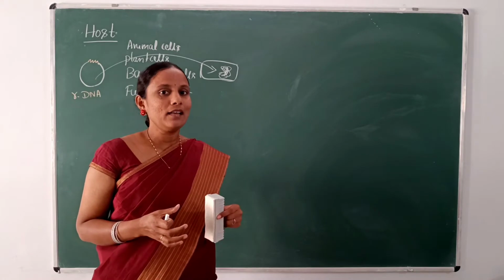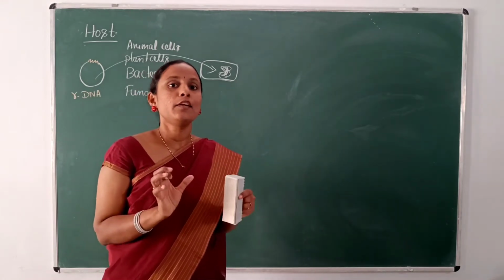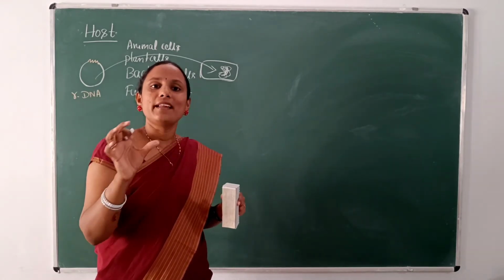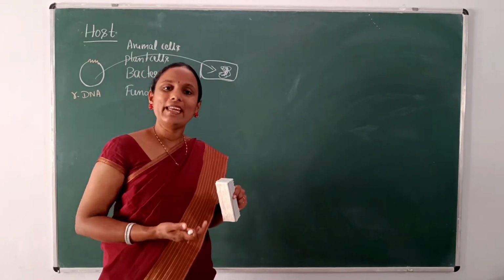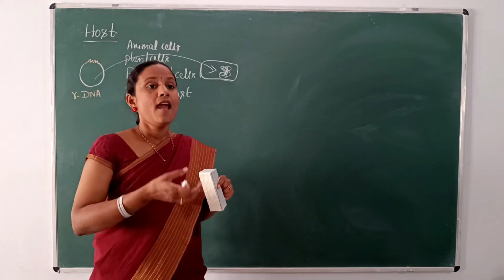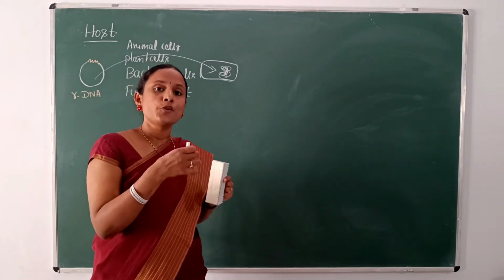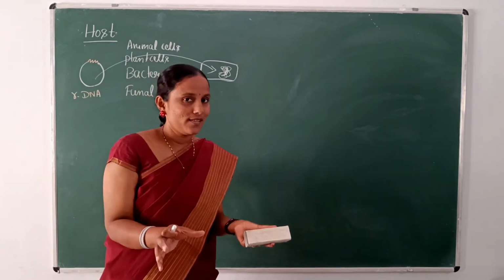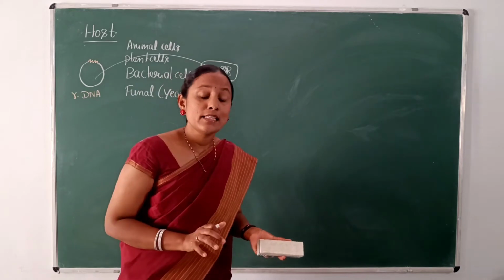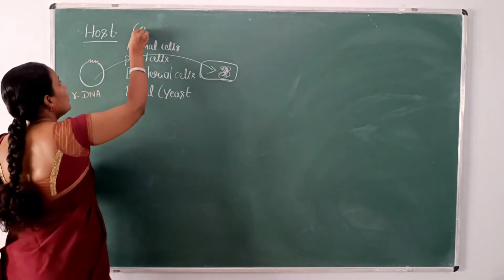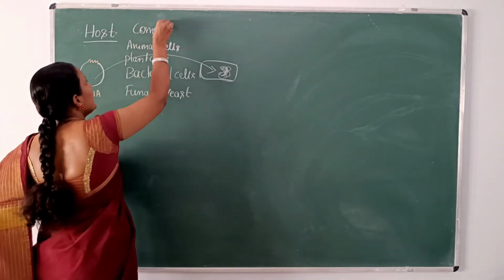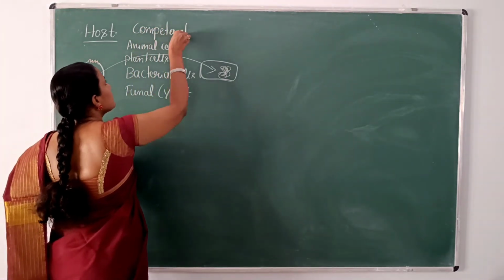So for that capacity, they will call it as competent. If the cell is capable of uptaking the recombinant DNA, integrating it into its genome and expressing it, that cell is called a competent host.